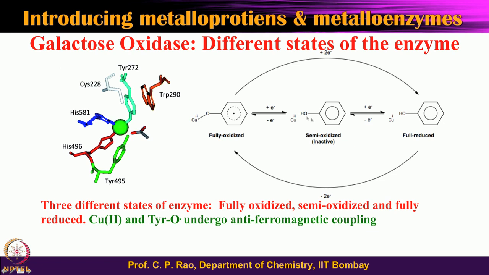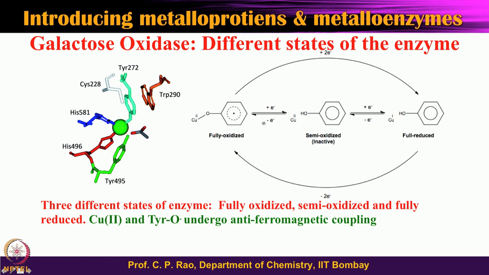As I said, there is an unusual cofactor, and this is the cofactor. One side is cysteine, the other side is tyrosine, and this cofactor stabilizes a radical when required. You can see the fully oxidized enzyme has copper 2 and the radical, copper 2 and dot.